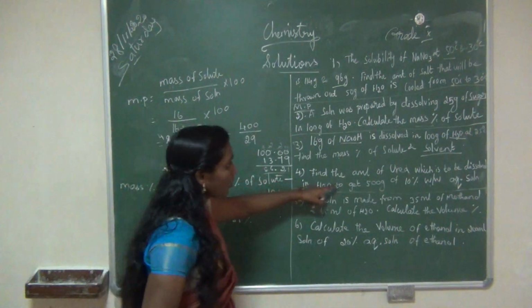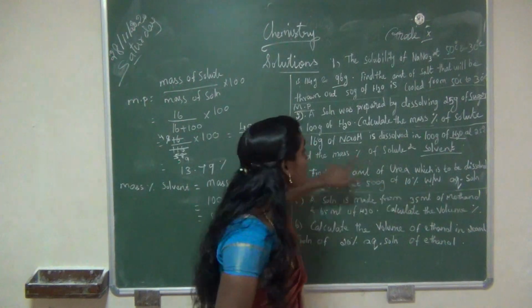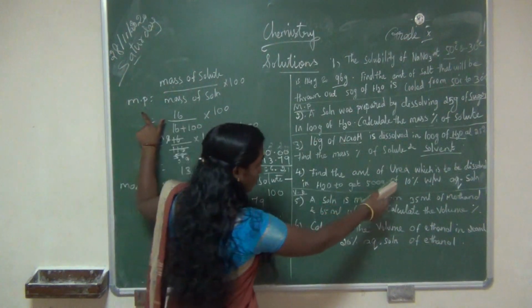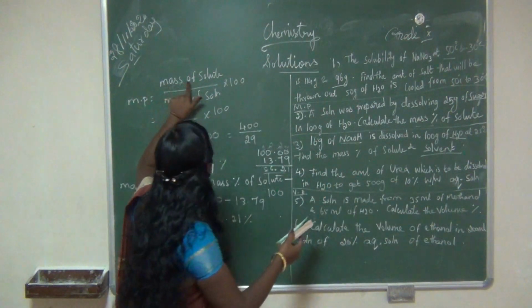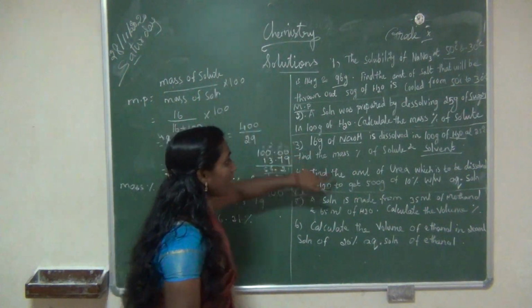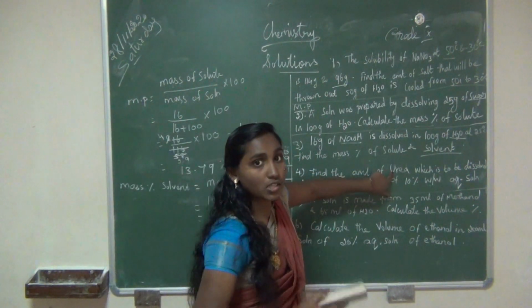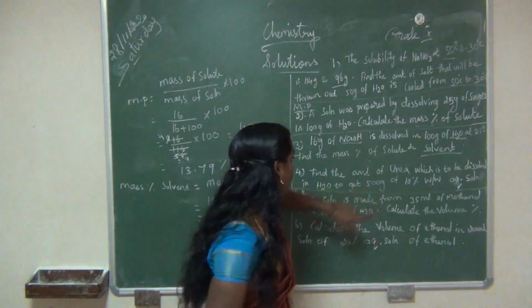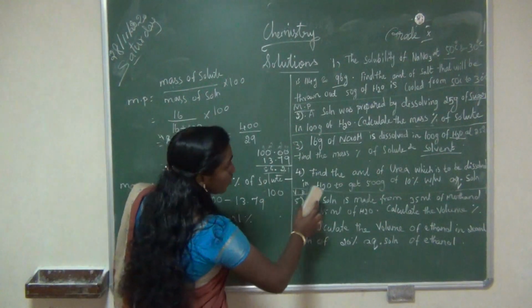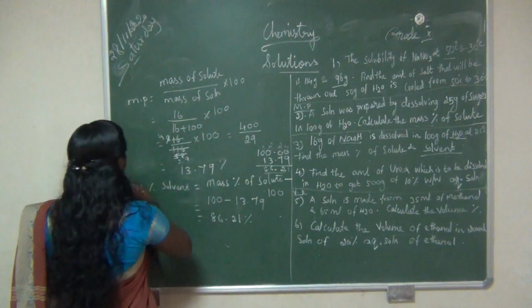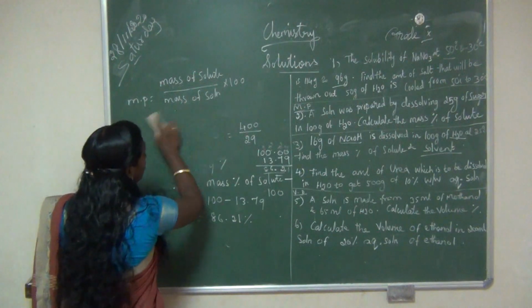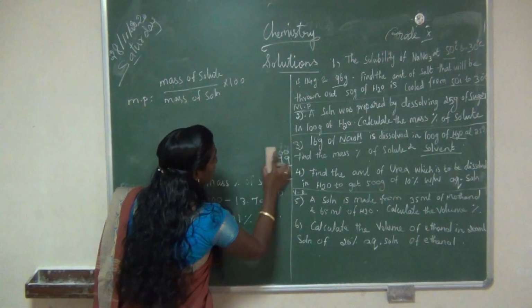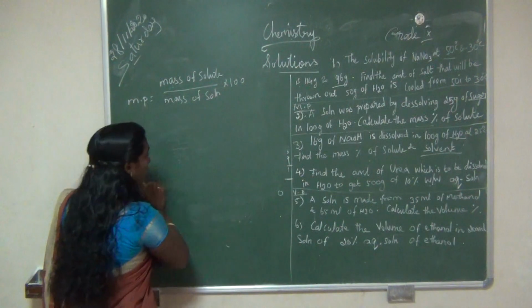Percentage they have given in the question, 10 percentage, right? We need to find out the mass of the solute, the amount of urea, the mass, the weight. So here also the same formula we need to apply. Mass percentage is equal to mass of the solute divided by mass of the solution into 100.